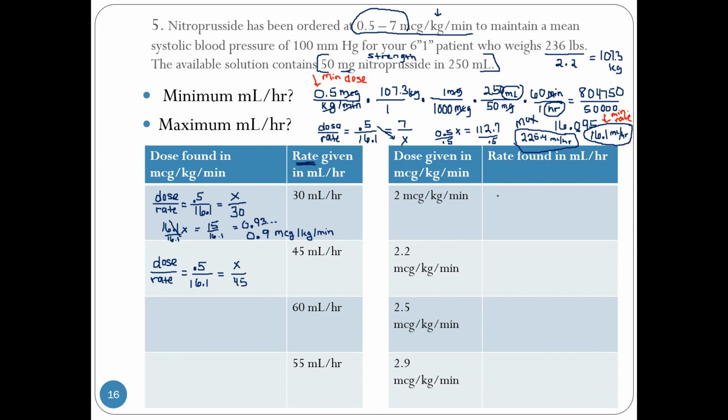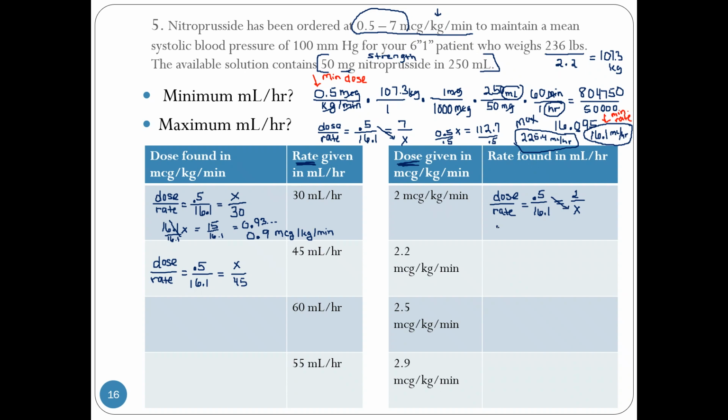So in this chart, again, I will do dose over rate. That is my method for everything. Again, I will use the 0.5 over the 16.1 because that is the minimum that I'm using throughout this entire problem. Now, in this chart, I am given the dose value. The dose is the top of my proportion, so I'm going to put the 2 on the top of the proportion and put an X in the denominator. So to solve, I'm going to use cross product.